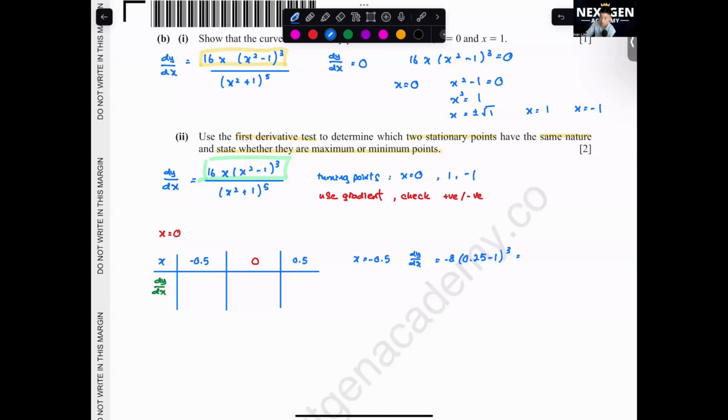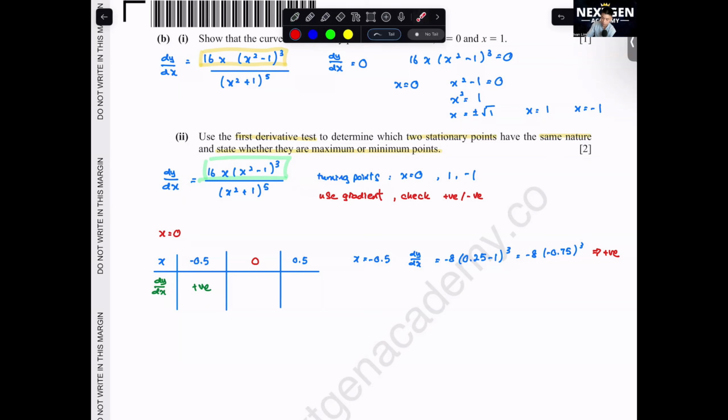Remember again, I'm only checking whether it's positive or negative. -8, and 0.25 minus 1 is -0.75 cubed. So this will give me a negative, this one also a negative. Negative and negative will become positive. So that means the gradient here is positive.